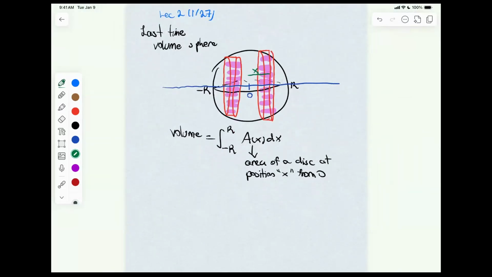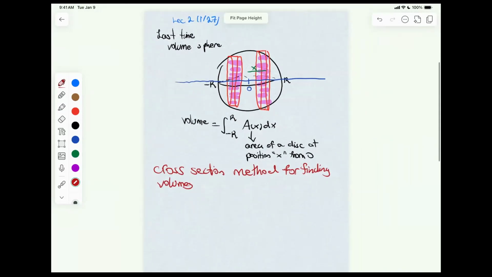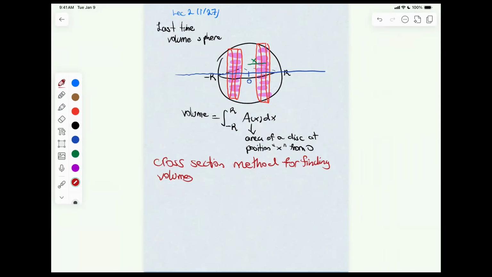And that can be generalized a bit, and that's called the cross-section method for finding the volume of a solid. So the idea is, if you have a solid, it doesn't have to be a sphere.